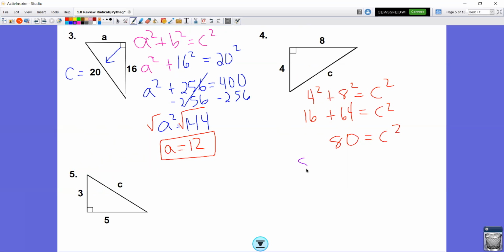I know that the square root of 80 equals the square root of 16 times the square root of 5. Because 80 divided by 5 is 16. The square root of 16 is a perfect square. So now I have 4 root 5.